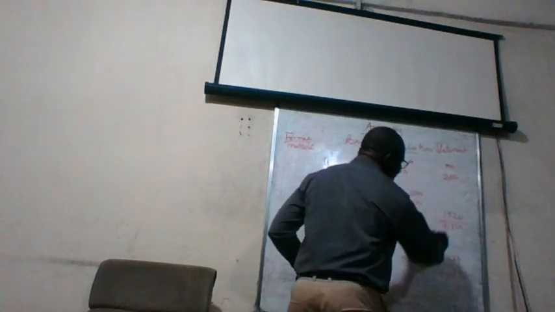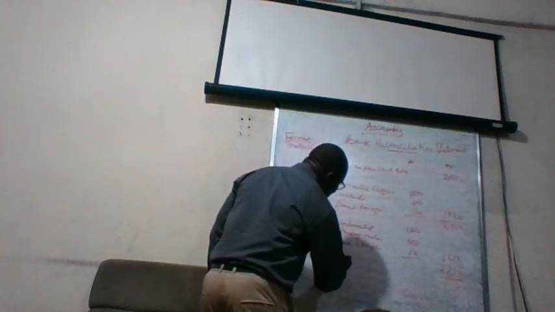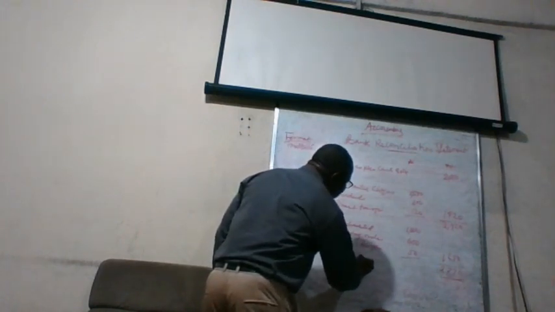This will be 1,650. Am I right? Let's subtract it. 0 minus 0 is 0. 12 minus 5 is 7. 8 minus 6 is 2. 3 minus 1 is 2. Is that the amount we have in the bank statement? So this will be balance as per bank statement.